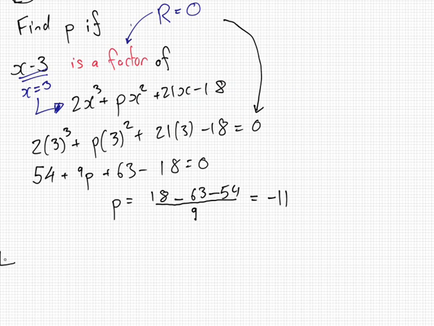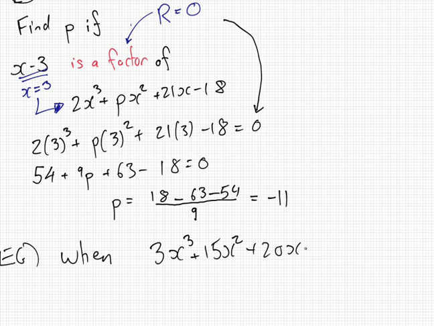So, another example here. When 3x cubed plus 15x squared plus 20x plus p is divided by x plus 1.